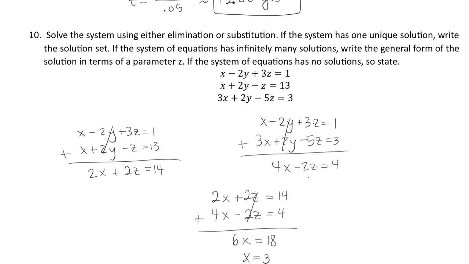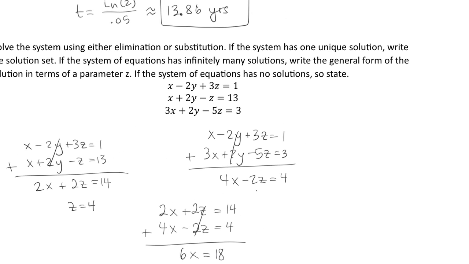So now we need to find the value of z. So if x is equal to 3, we can go back to here, for example, 2 times 3 is 6. If we subtract 6 from 14, we get 8. 2z is equal to 8, which means that z is equal to 4. And then if we take one of the original equations, we know that x is equal to 3.